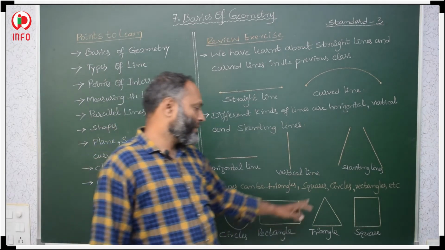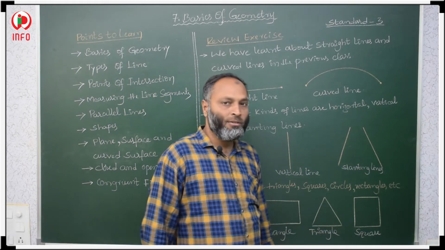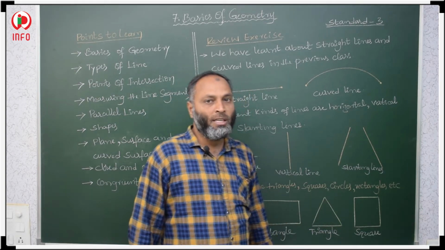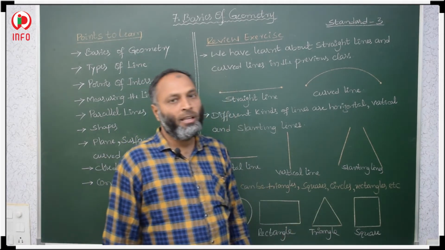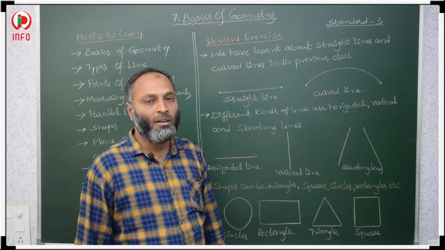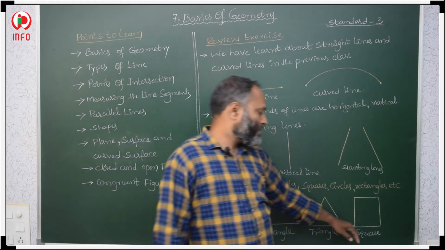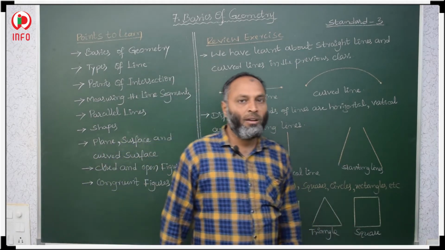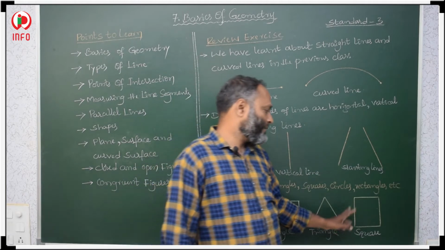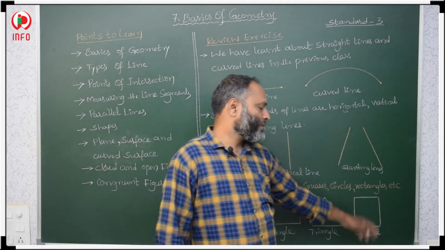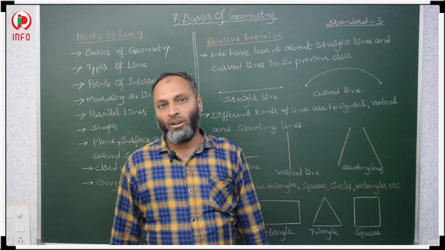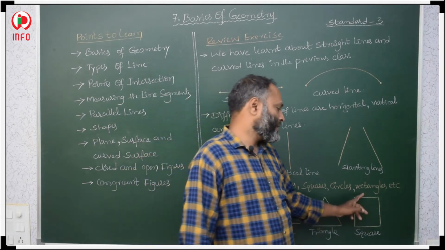And triangle, a three-sided closed geometrical figure, with three straight lines. If three straight lines join together, then you form a triangle. Square: four sides, four straight lines. If four straight lines join, then you form a square, but in a square all four sides are equal.